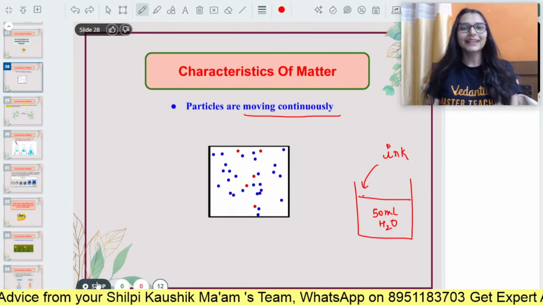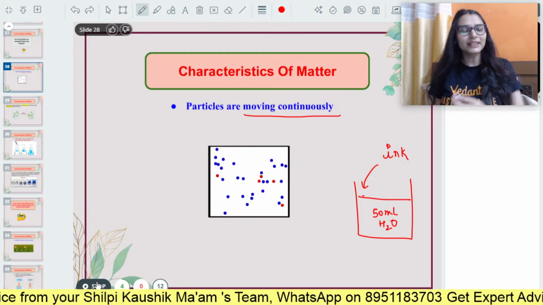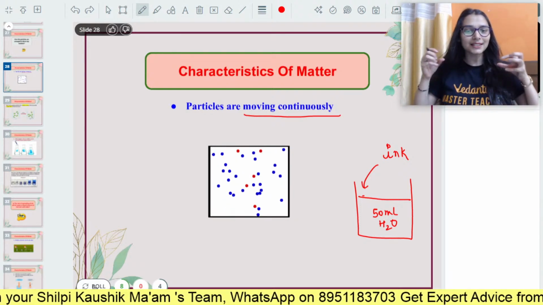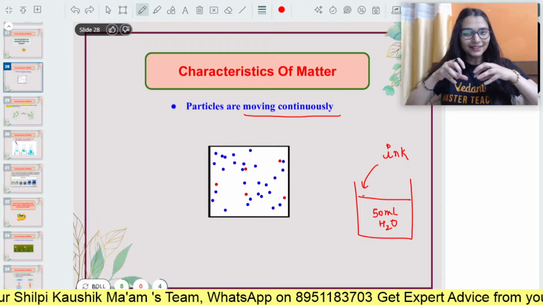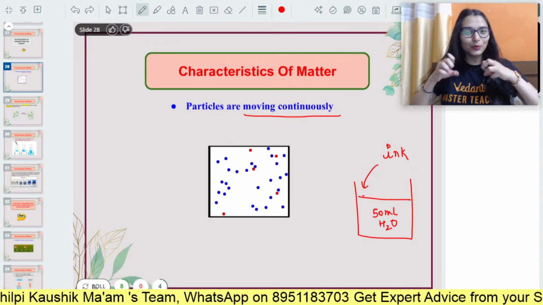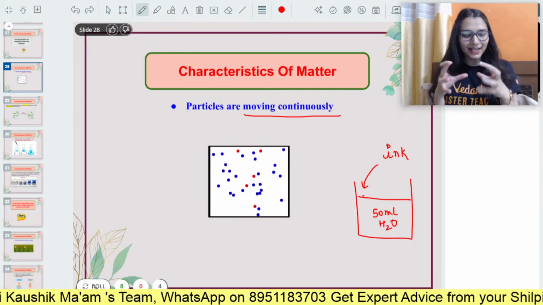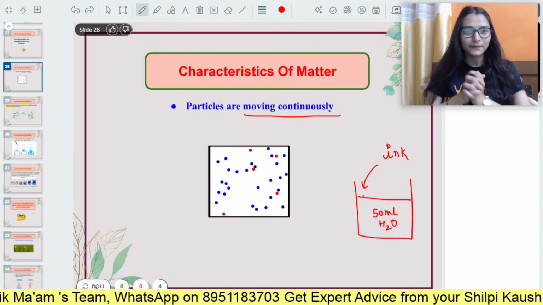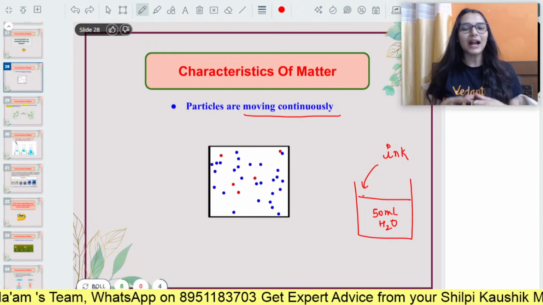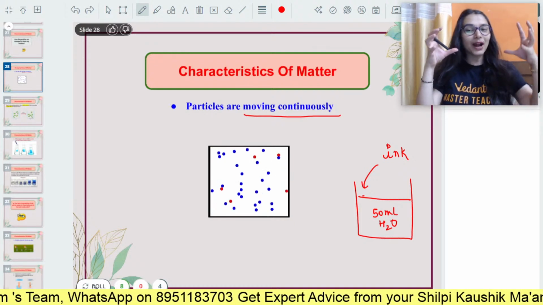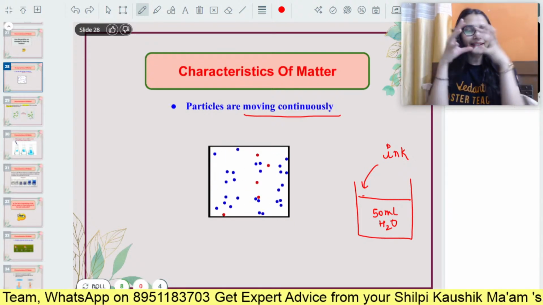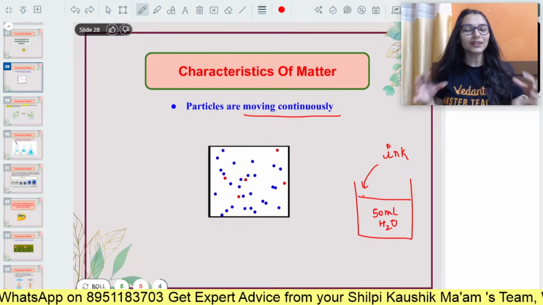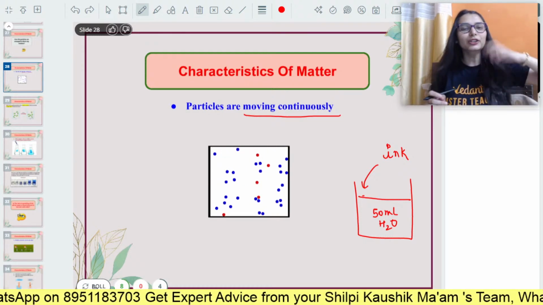Ink will slowly dissolve in water. Why does it happen? Because ink particles go into the water, they are moving, and water particles are also moving, and ink and water particles move and diffuse into each other. The intermixing of particles of ink and particles of water happens, and that is how you can say ink becomes soluble in water.